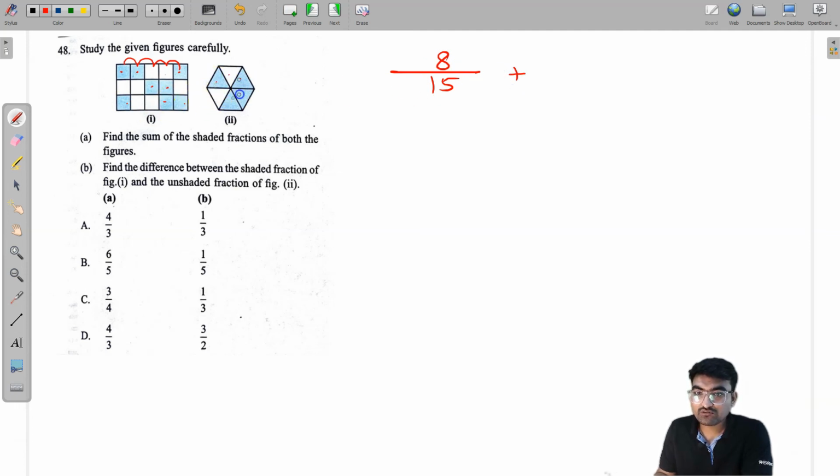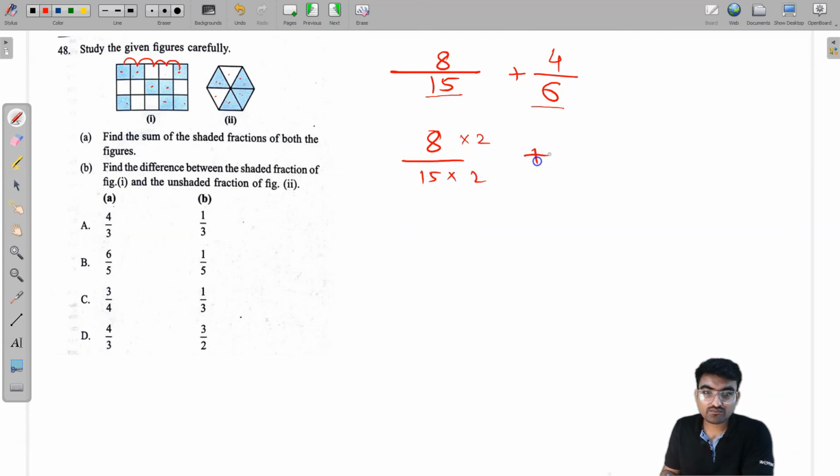And in the second diagram, 1, 2, 3, 4, 5, 6. Total 6 parts are there, out of which 4 parts are shaded. Correct? So now we have to find the LCM. What is the LCM of 15 and 6? 30. Right? So 15 times 2, we have to multiply with 2. 15 times 2 plus 4 times 5 and 6 times also 5.